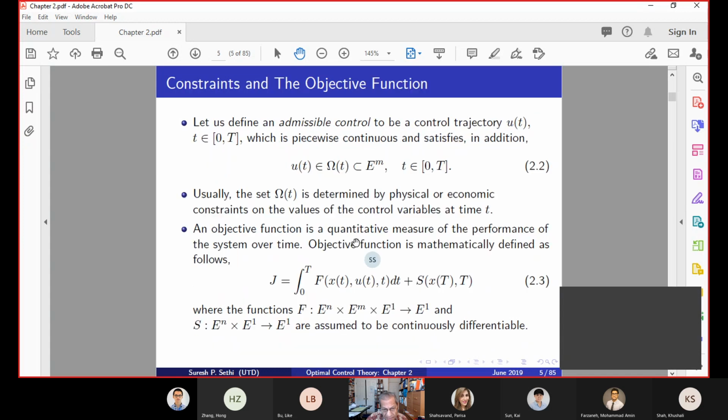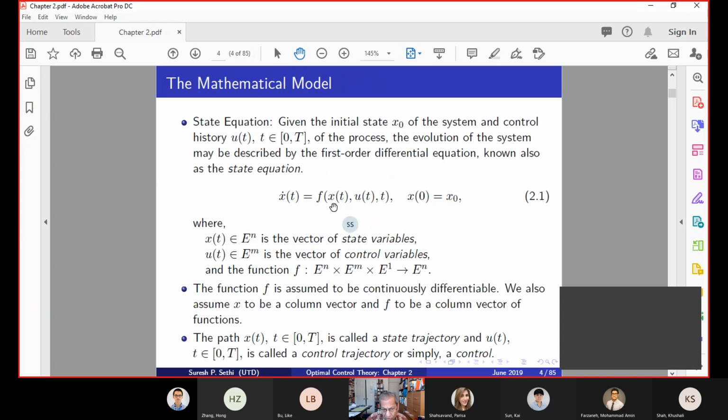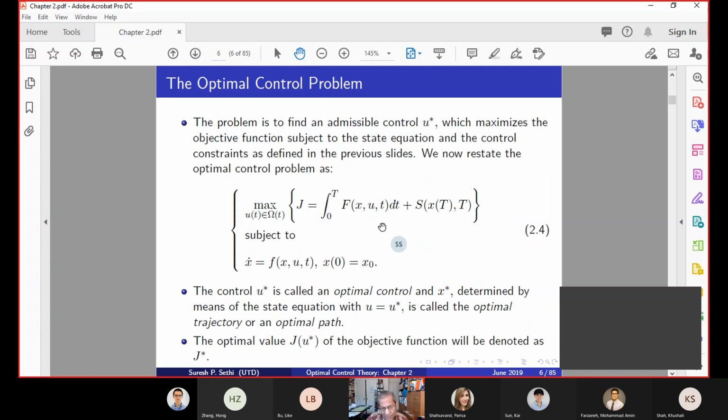And notice also that it is standard in optimal control to suppress this t. You don't want to put this t all the time because otherwise it becomes very messy. So you will see immediately here: x, u, no t here, no t here.